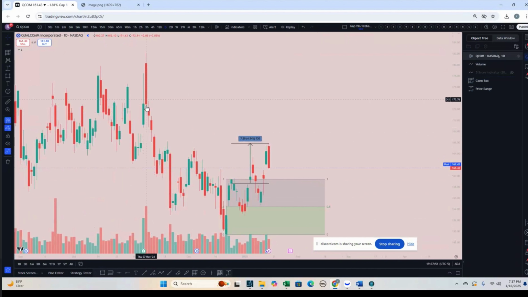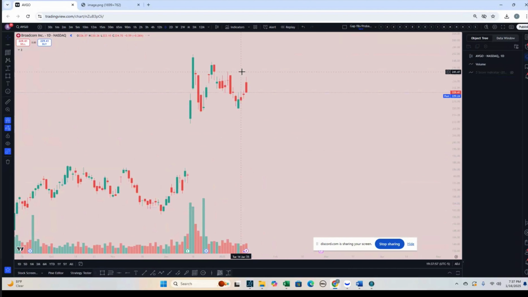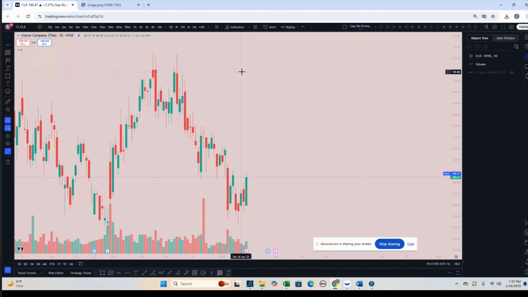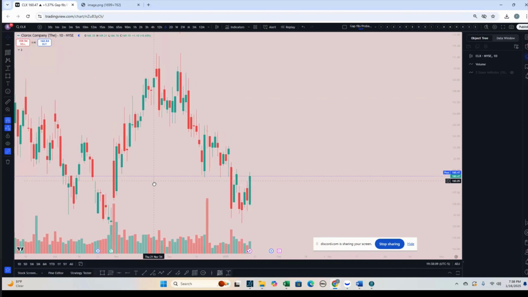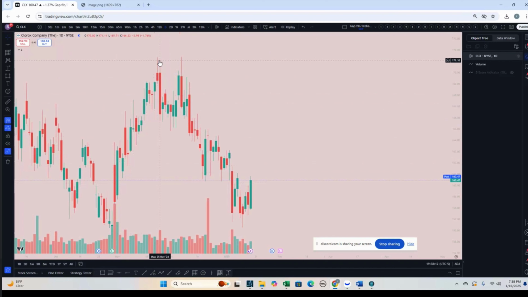perfect example. Boom, gap. What do we do? Came on down. Well, here, perfect example. We got everything here. Gap up. Yeah, you had this drawdown, but if you go a month out, live with the results.